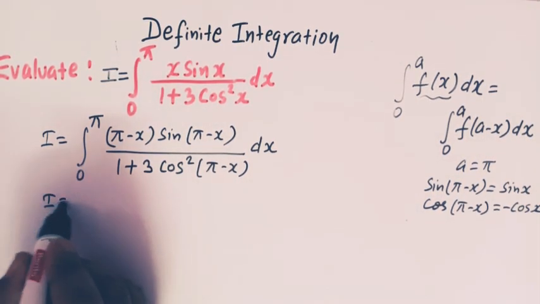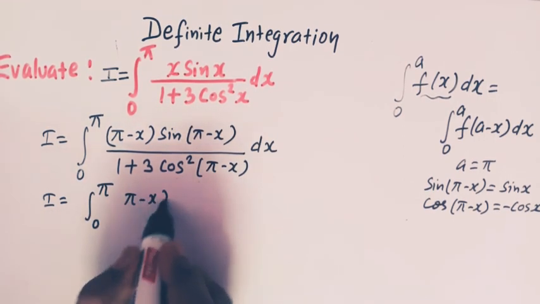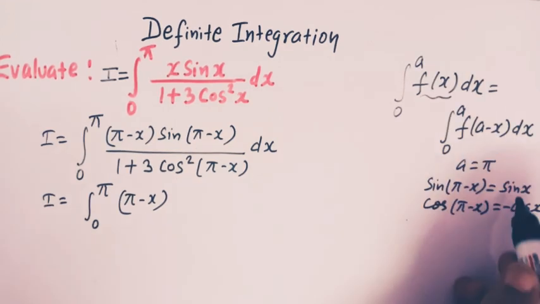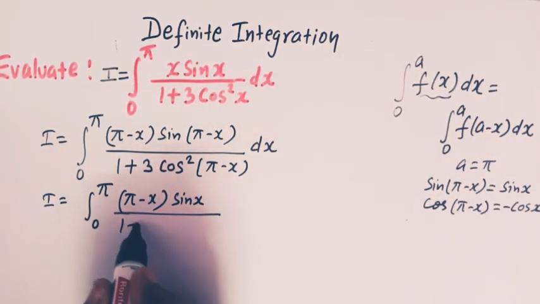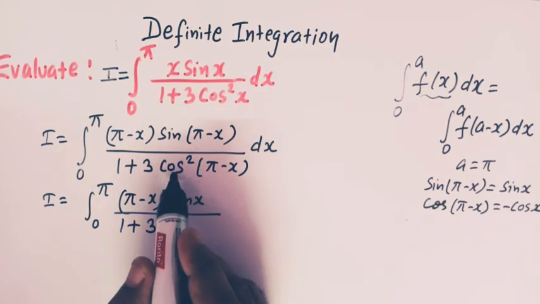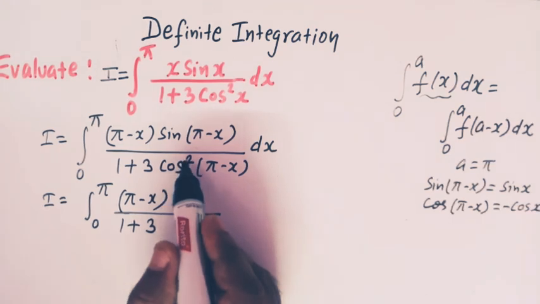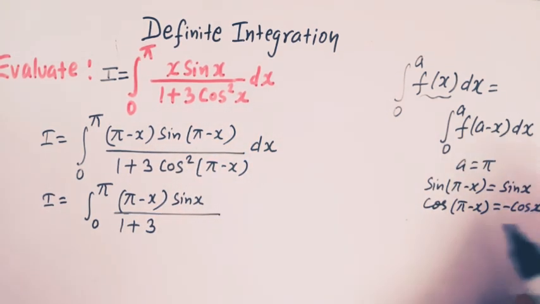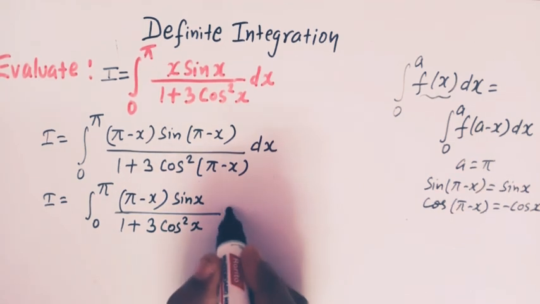So the integral becomes 0 to pi, and here we have pi minus x. Sine pi minus x is sine x, and here we have 1 plus 3 cos pi minus x is minus cos x, and the square of minus cos x is positive cos square x, right?